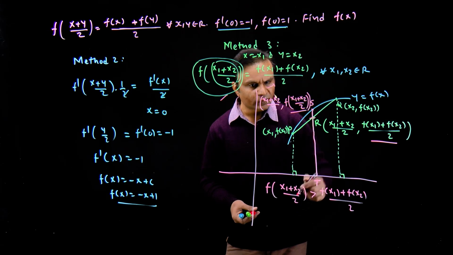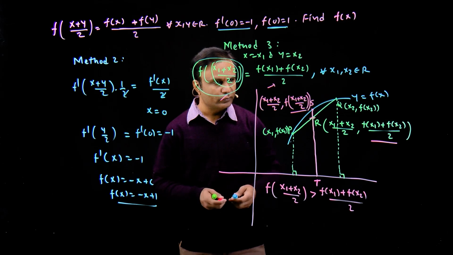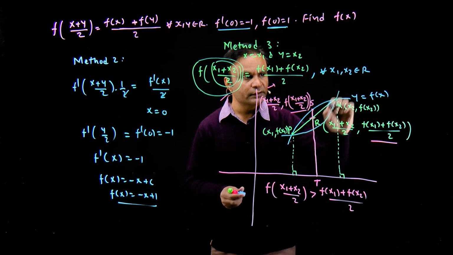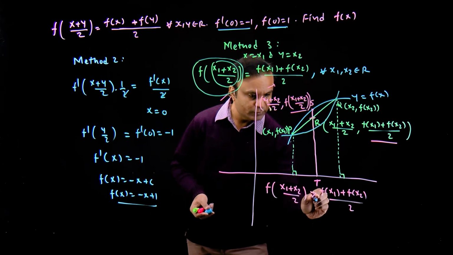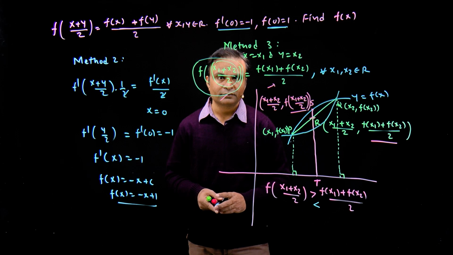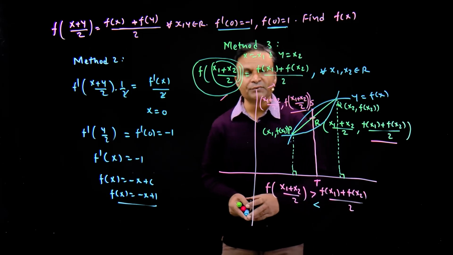Now suppose this graph is like this, the graph of y is equal to f of x. If I draw this graph like this, in this case, here we will have less than sign. Now tell me, when we have equal to sign?